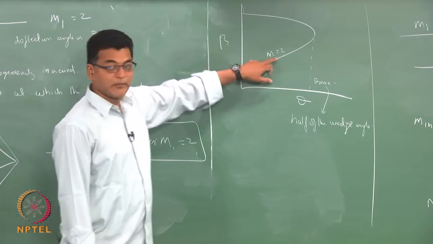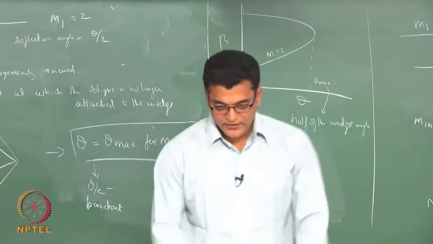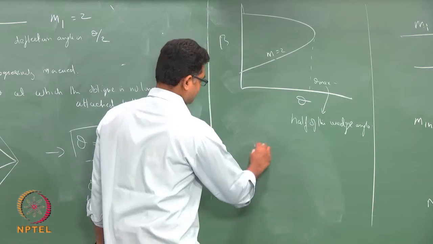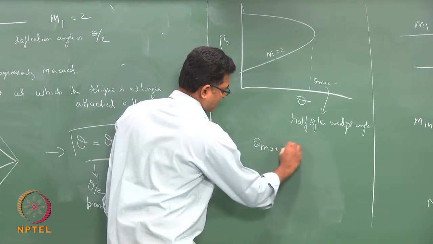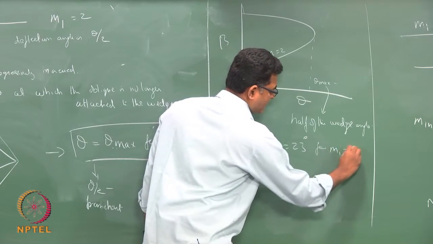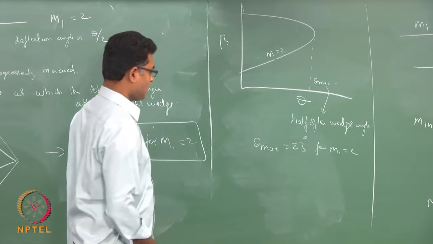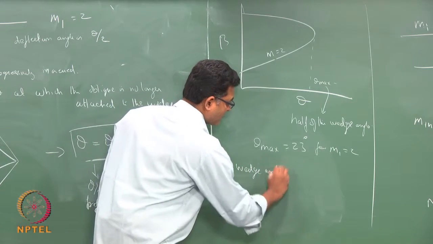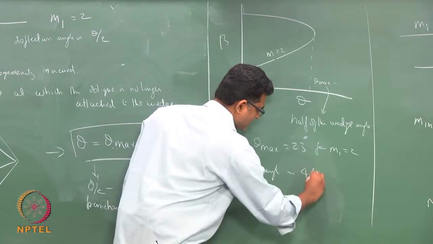So I look at the M equals 2 curve, find where it is turning, or the maximum theta max. So I go to the M equals 2 curve and what I see here is an angle of around 23 degrees for M1 equals 2. Okay. So your wedge angle is twice this, that is 46.